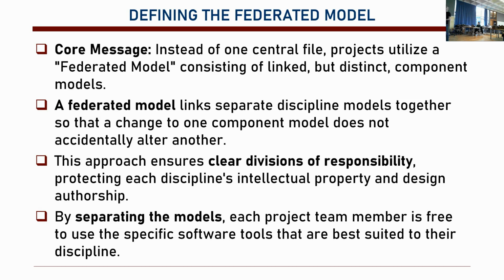So when we separate these models, basically each user can use their own separate software ecosystem, as long as they are compatible with what we do. Okay, so they use a specific software tool that is best suited for the discipline, and then they basically exchange the model with that federated model space.